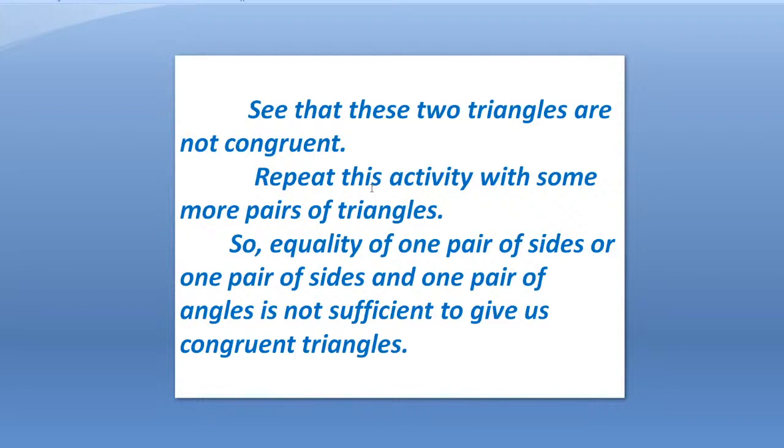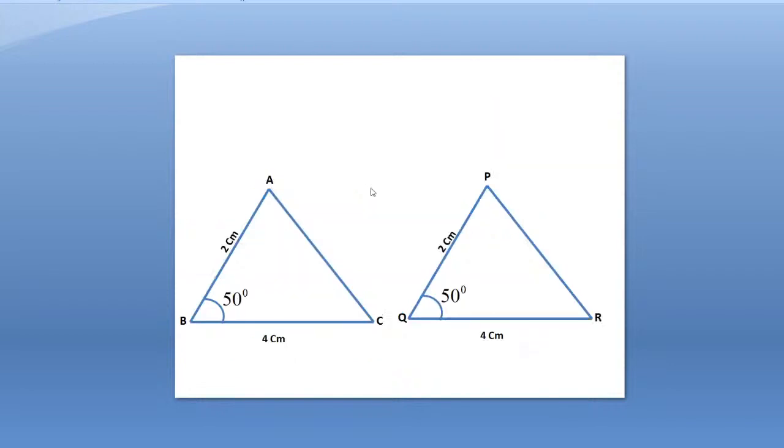See that these two triangles are not congruent. Repeat this activity with some more pairs of triangles and show that equality of one pair of sides or one pair of sides and one pair of angles is not sufficient to give congruent triangles.